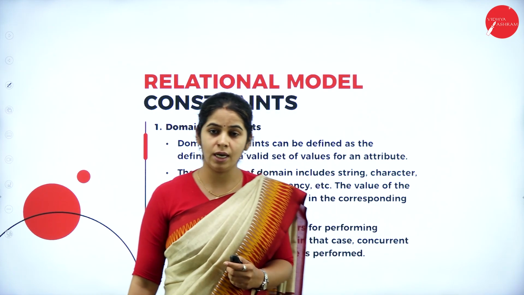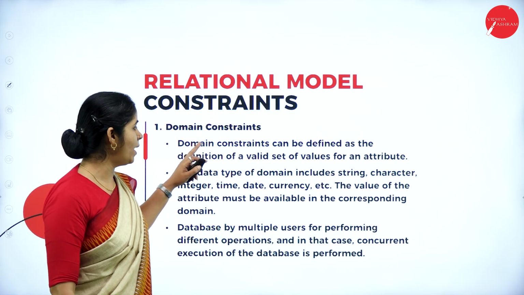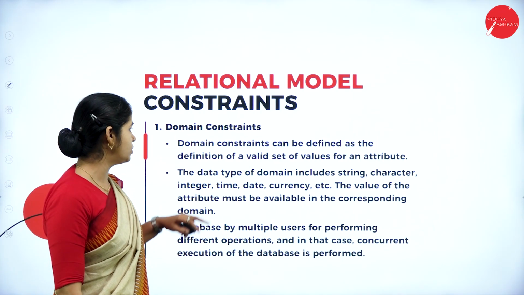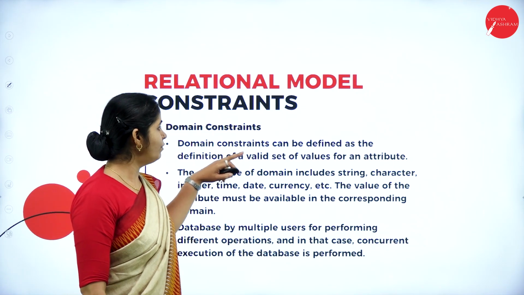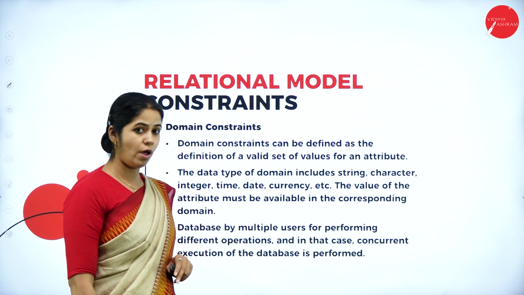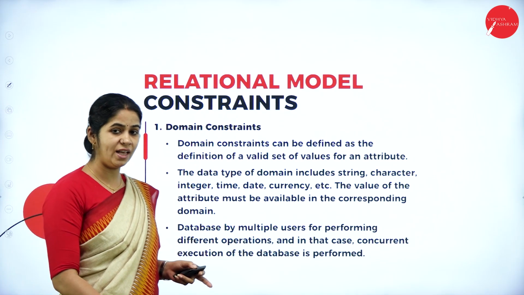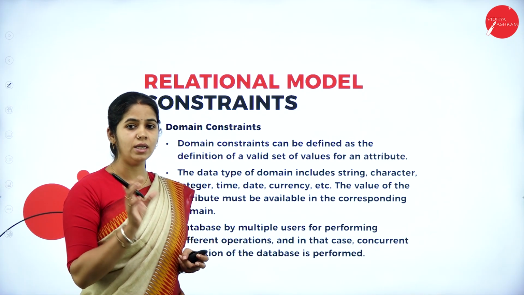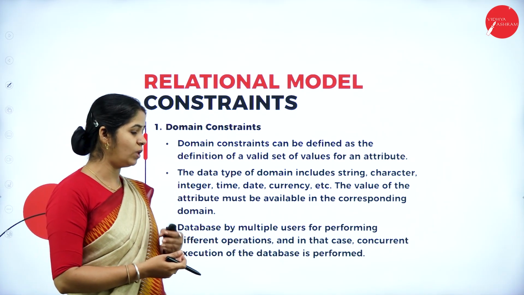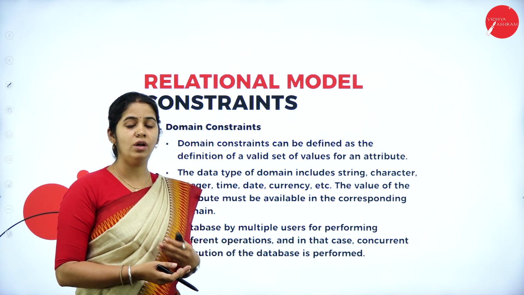So the first of the different types of constraints is domain constraint. What do you mean by domain constraint? A domain constraint can be defined as a definition of a valid set of values for an attribute. Domain constraints specify which domain the attribute belongs to, whether it is a string, a character, a number, an integer or a float.